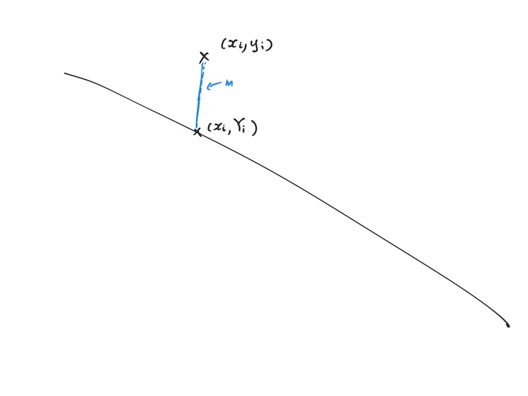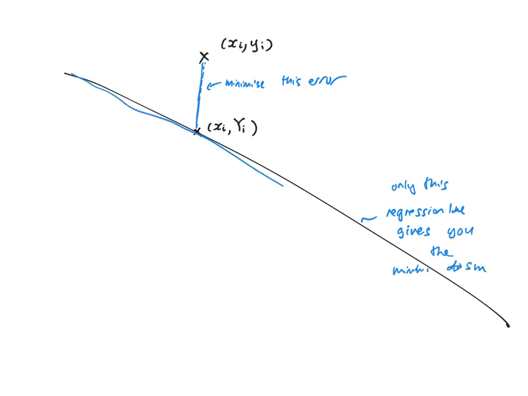They are trying to minimize this error, and this is the original regression line. So only the line of best fit gives you the minimum distance or the minimum sum. Only if I have this regression line is this kept to a minimum. Any other line will not give you a minimum.